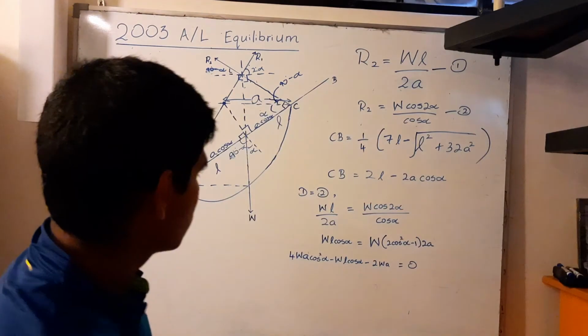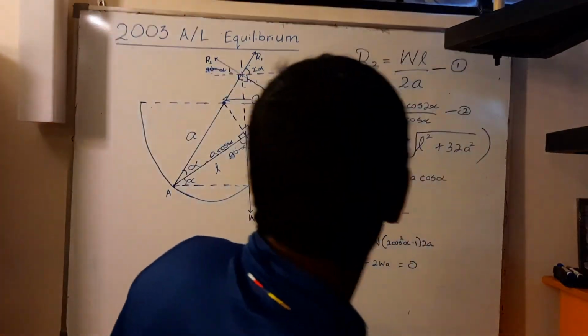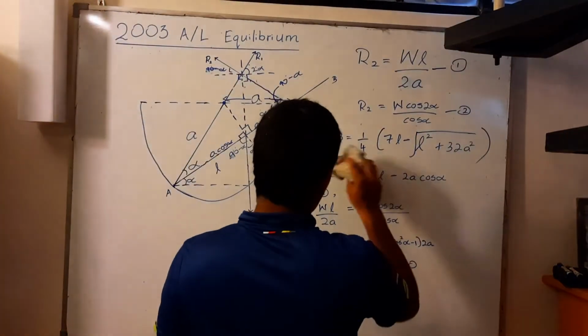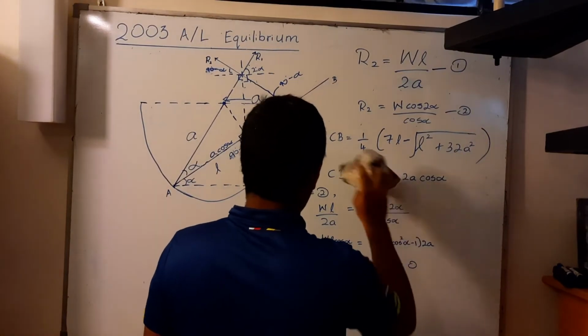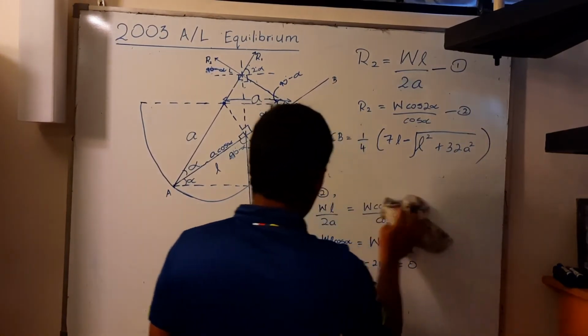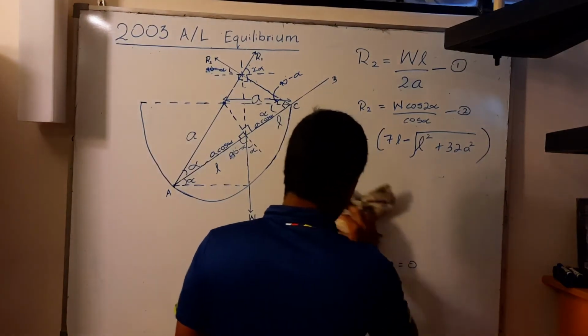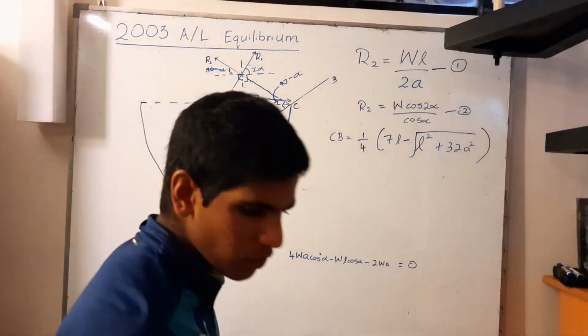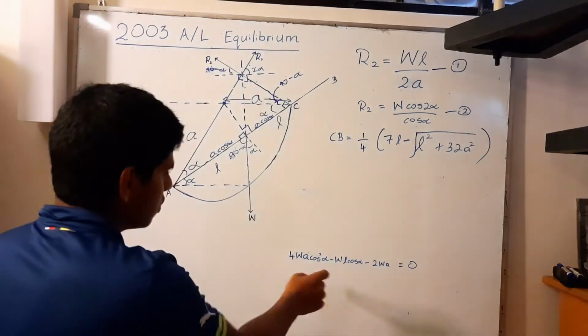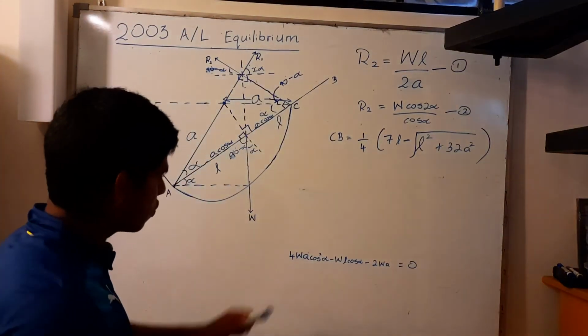I need some space, so I'm just going to erase this part on top. So basically this is what we get. We need to find cos alpha, and as you can see in this equation, cos alpha is a root.